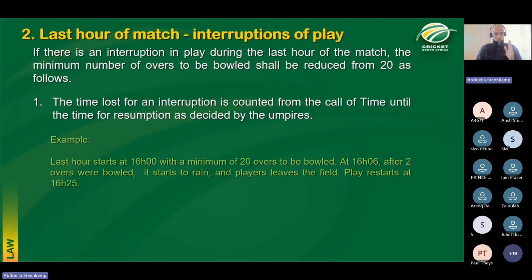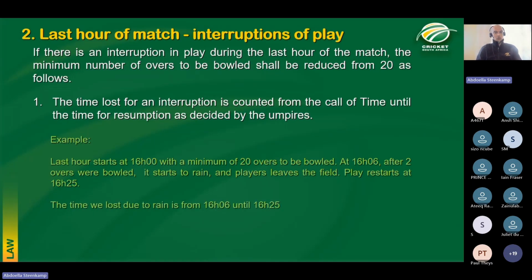So there are 2 steps to calculate how many overs you need to reduce the 20 by. Your first step is to calculate how much time you lost due to the rain interruption. That time is calculated from the time the players left the field up until the time the umpires decided that play can resume.